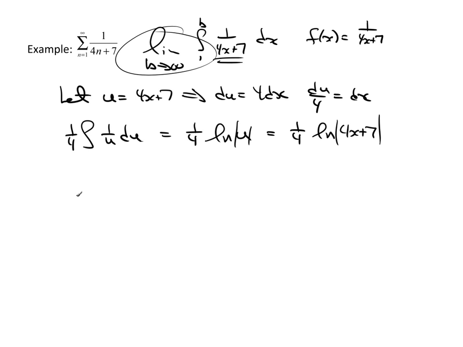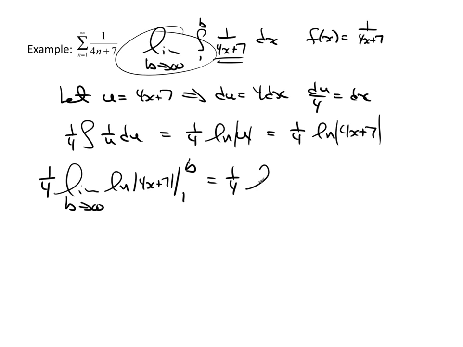Let's not lose track of this limit. So what I need is the limit as b goes to infinity of, I'm going to pull this constant out because there's no reason to leave it there, ln of 4x plus 7 evaluated from 1 to b. Well, clearly this is going to blow up. This is going to be 1/4 times the limit as b goes to infinity of ln absolute value of 4b plus 7.